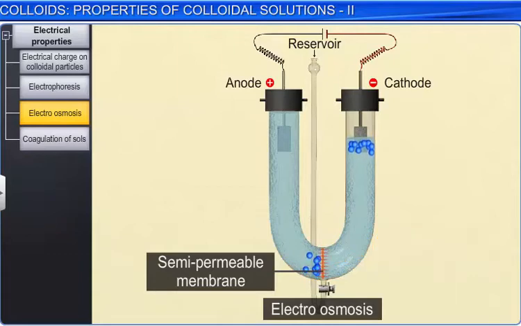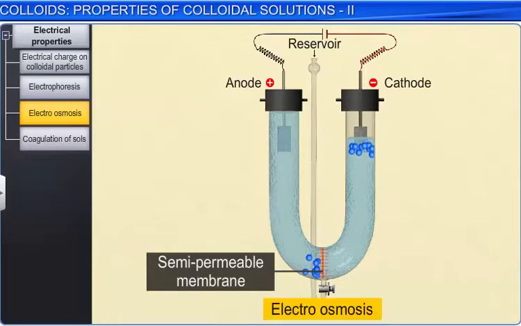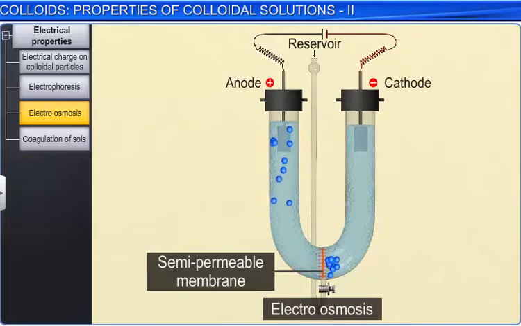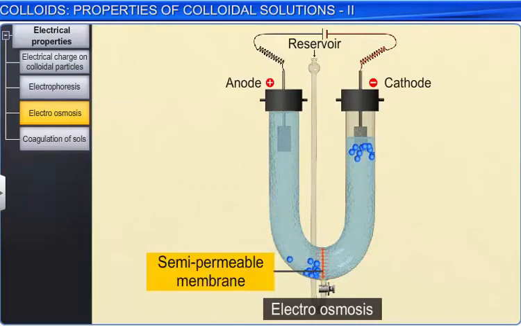This phenomenon is called electroosmosis. Let's define it. Electroosmosis is the movement of a dispersion medium under the influence of an electrical field when the movement of colloidal particles is prevented by a suitable membrane.